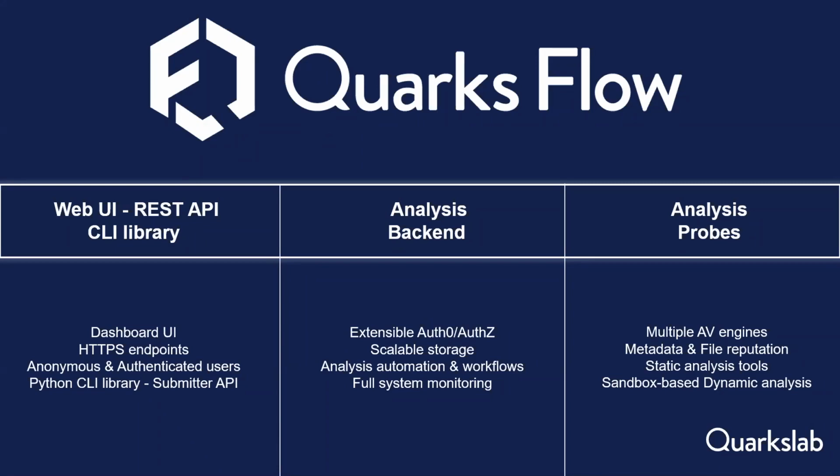And the final component is obviously the actual analysis engines, what we call props. These are engines that perform file analysis, and they may be of different types. There may be antiviruses, there may be simple database lookups on known file reputation databases, or tools that inspect the metadata of a file to produce a verdict.